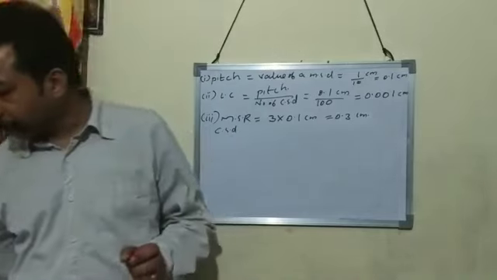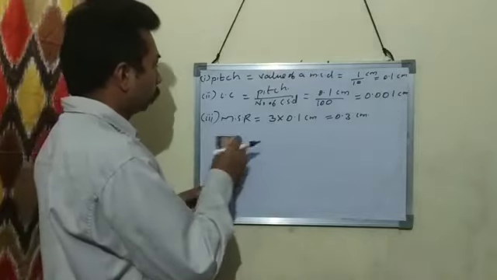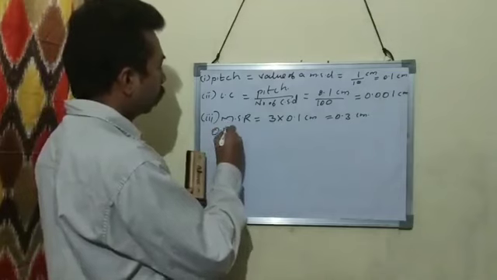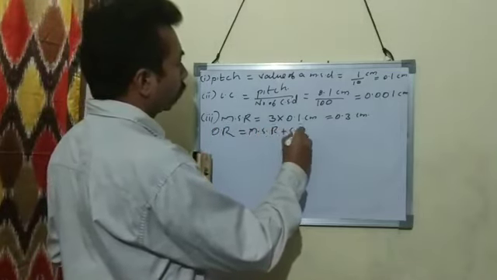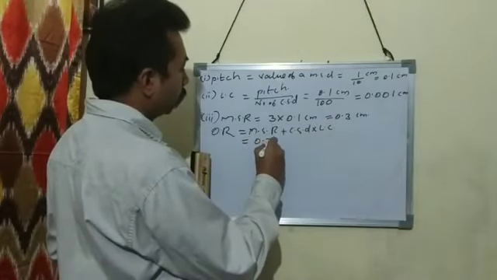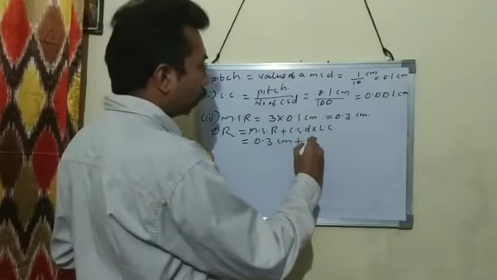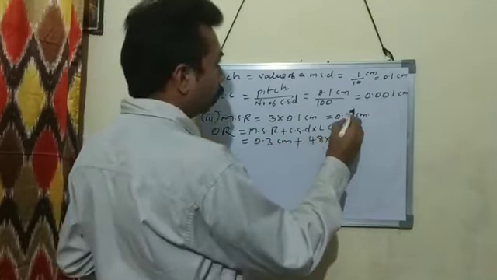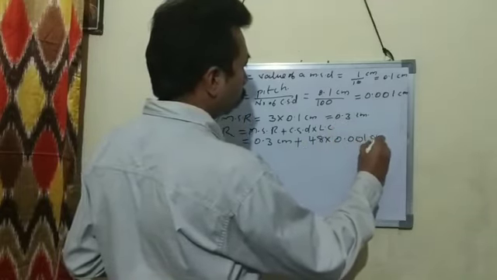What is the observed diameter? Observed diameter means main scale reading plus circular scale division coinciding into least count. That is 0.3 centimeter plus 48 into the least count 0.001 centimeter.